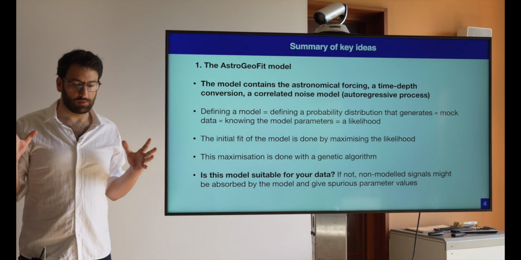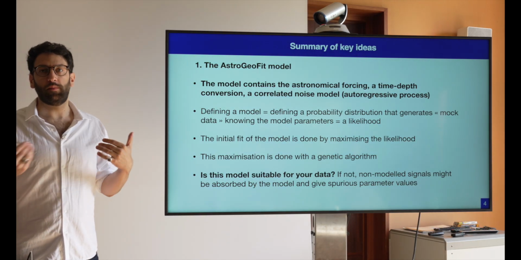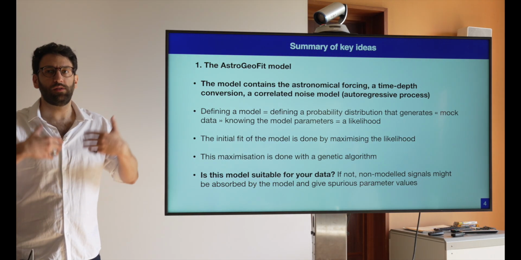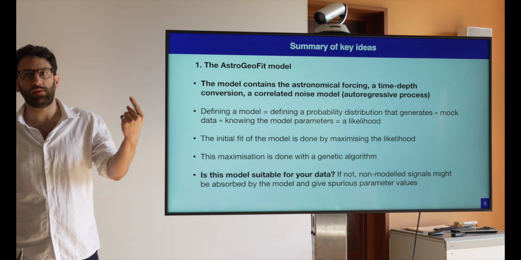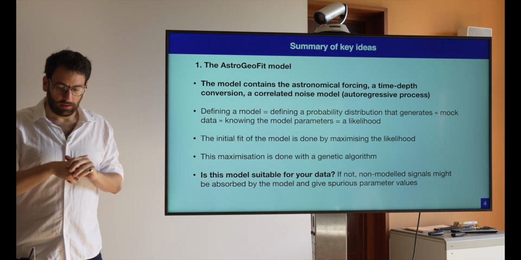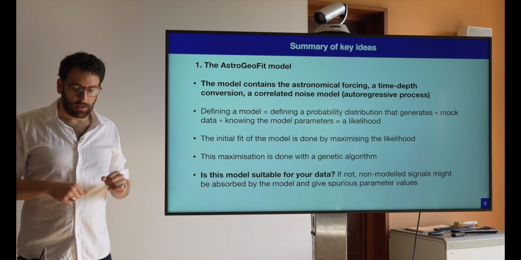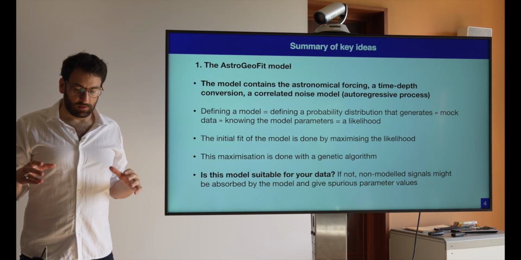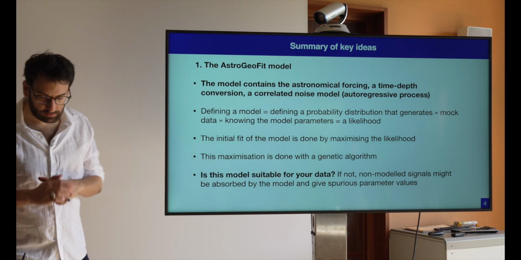We've also seen that defining a model is basically defining a likelihood, a probability distribution, and to estimate the parameters of the model, in particular the noise parameters, the astronomical parameters and the geological parameters at the same time, we can do it by maximizing this likelihood. This maximization is done with the genetic algorithm.